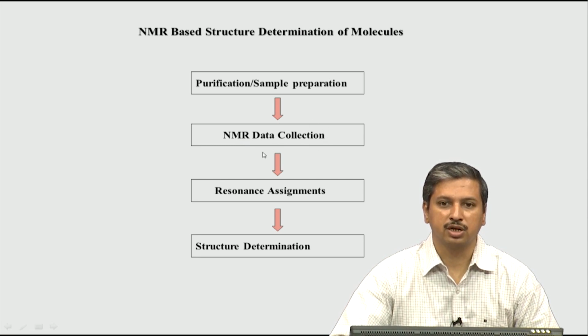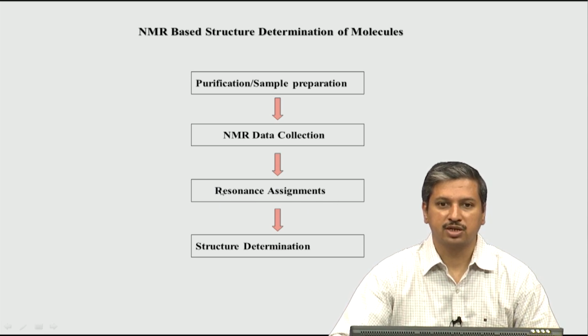The objective of the analysis is mainly to achieve the third step, which is resonance assignments. This means every peak in your spectrum, be it 1D or 2D, the goal is to assign it to a particular atom in the molecule. So, every peak should be assigned.